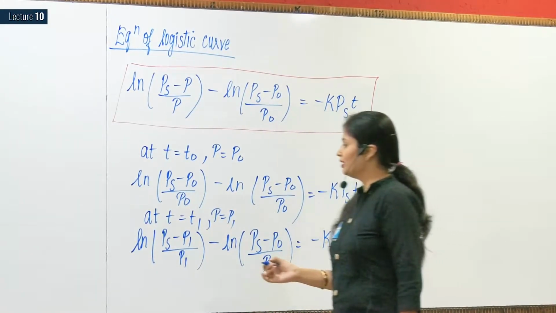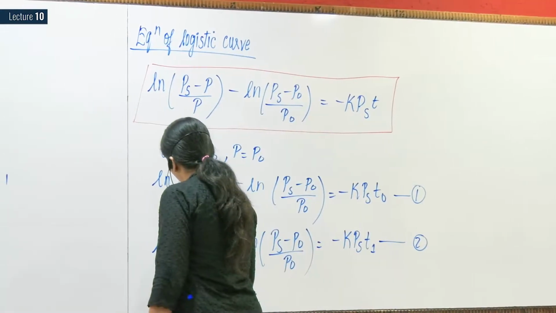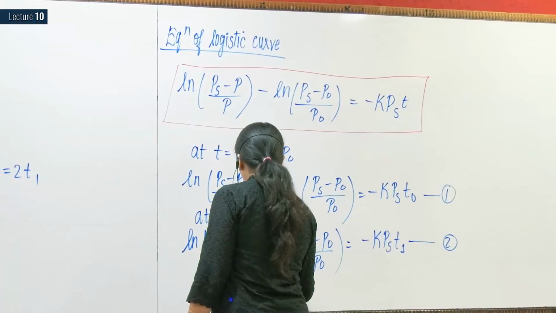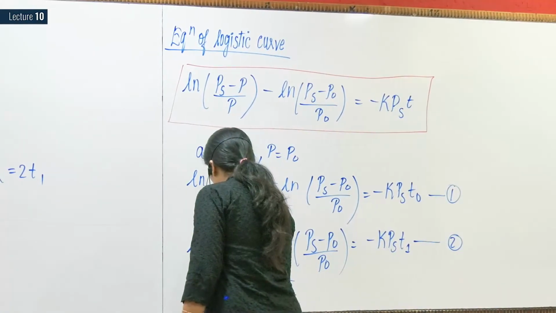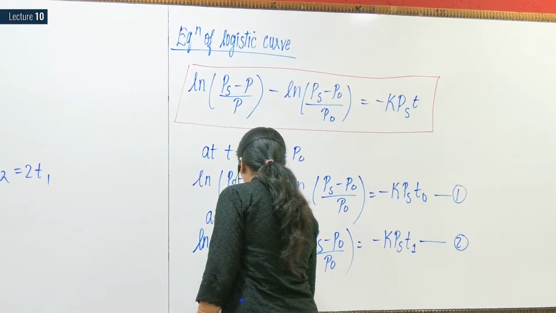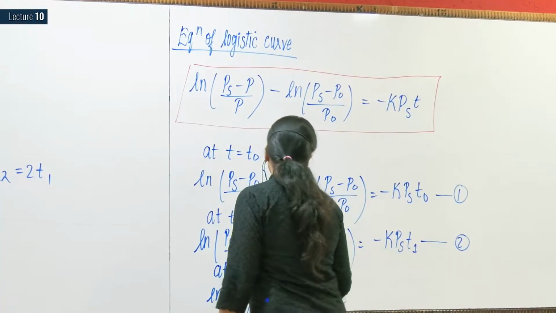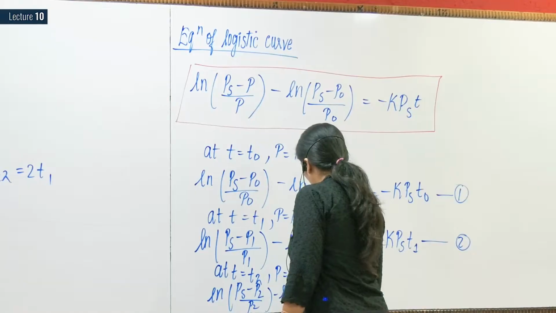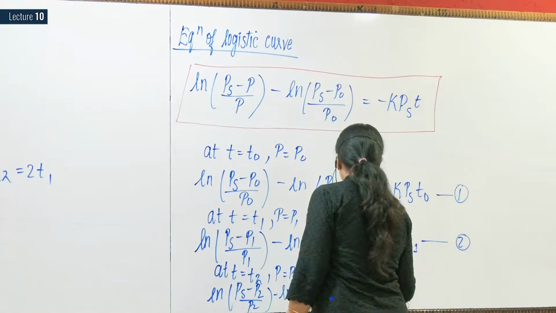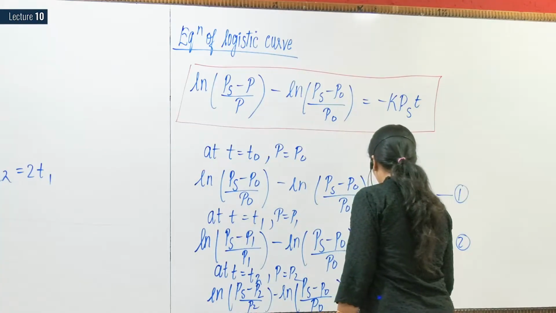Third equation will be at T equal to T2, population P is P2. So what you will get: log (PS minus P2) by P2 minus log (PS minus P0) by P0 is equal to minus K PS T2.